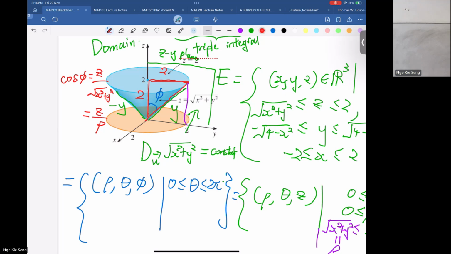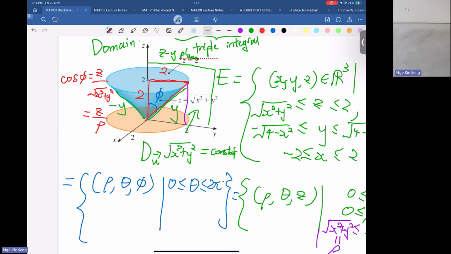Okay. I mean, you should look at the intersection between z equals to 2 and your surface, right? Correct or not? You should look at the intersection between z equals to 2 plane with your surface.